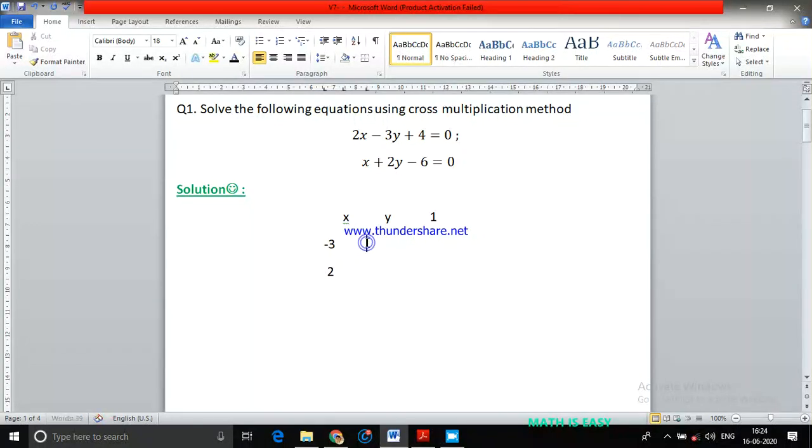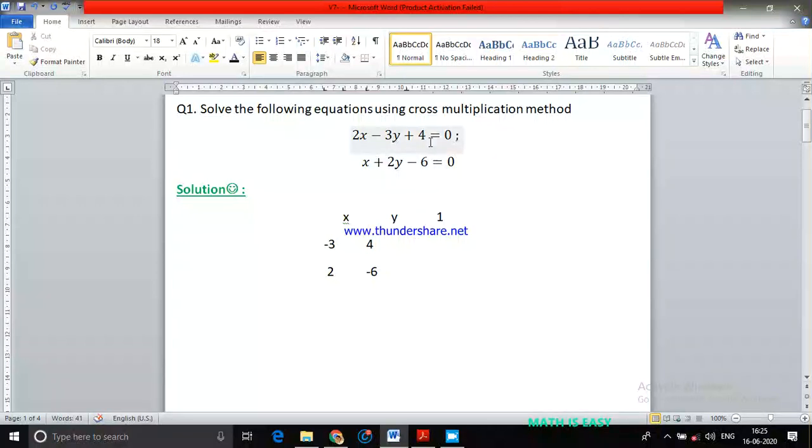Then you have to write the constant term. Here the constant term is 4, and in the second equation the constant term is minus 6. So I have written minus 3, and then 2, then the constant terms, 4 here and minus 6 here.